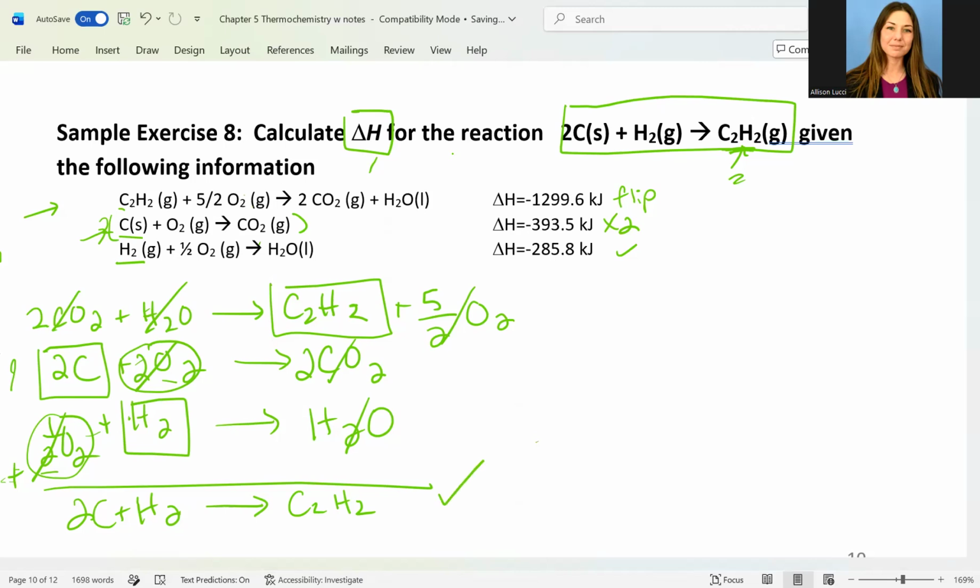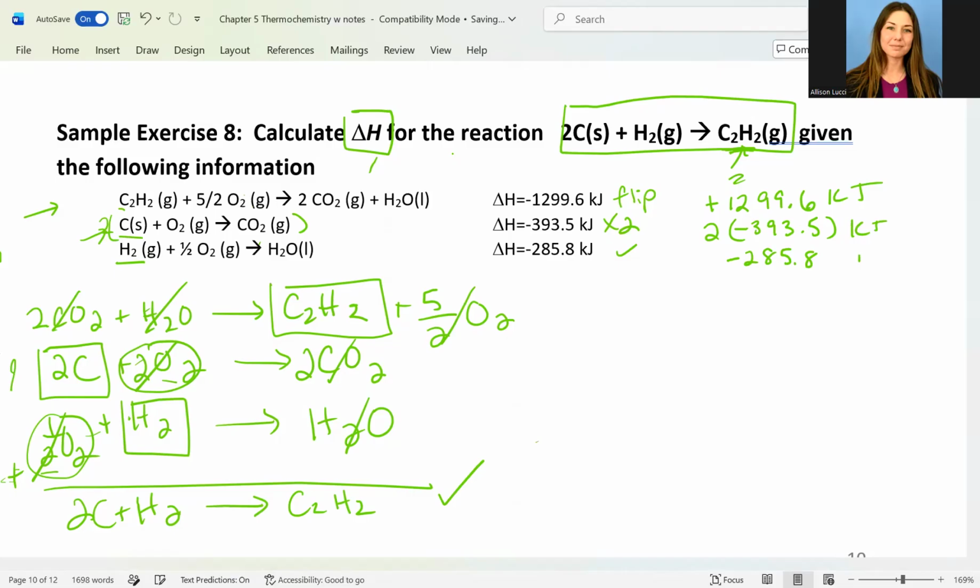So now I'm going to make these changes. I'm going to change this from negative 1299.6 to positive 1299.6. Then I'm going to take this negative 393.5 and multiply that by 2. And then this last value here, I'm going to leave that negative 285.8.